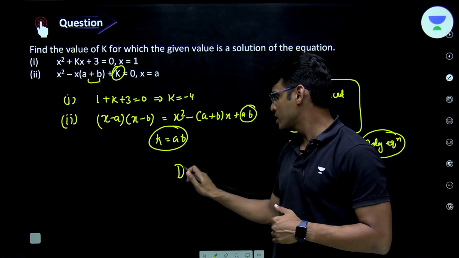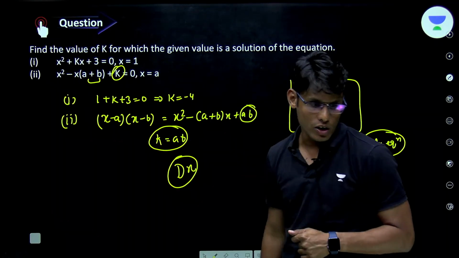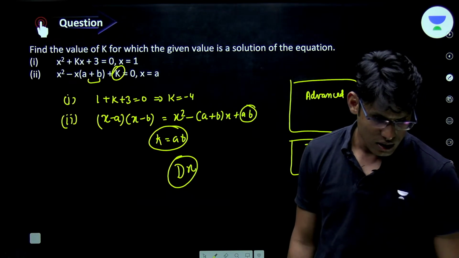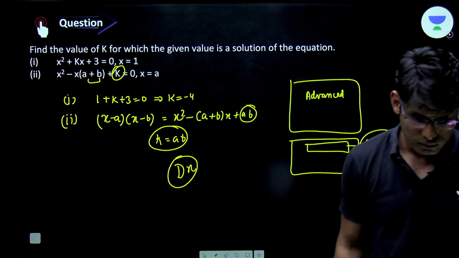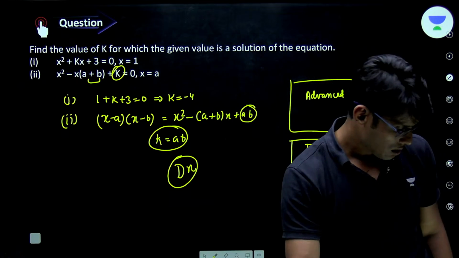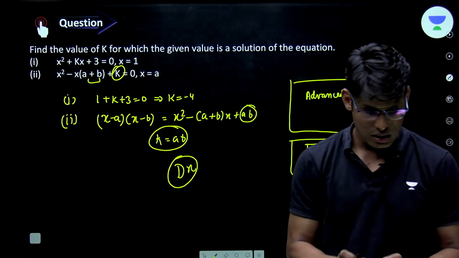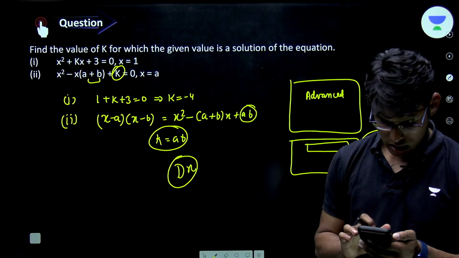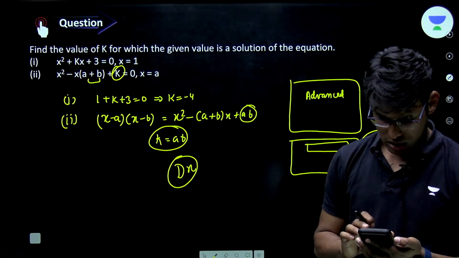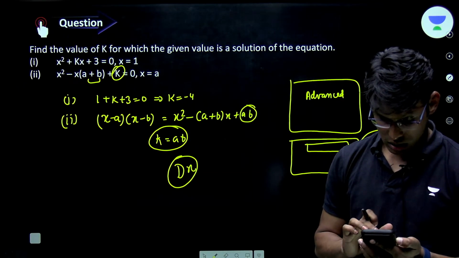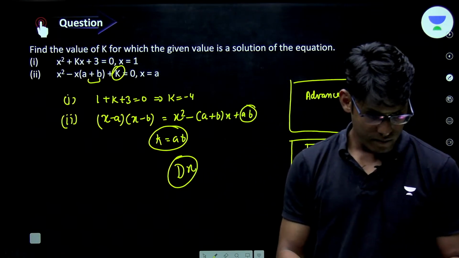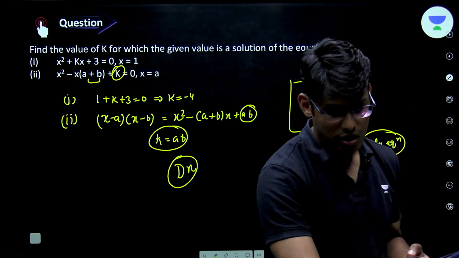If you have understood this typology, you need to write DN in the chat. Just write DN in the chat.